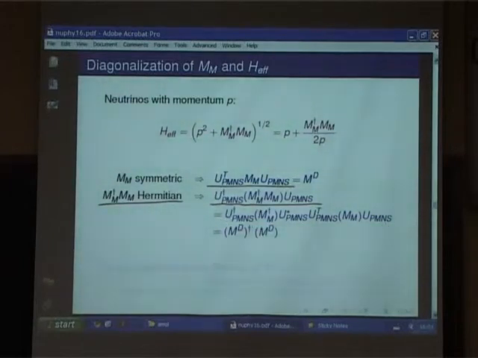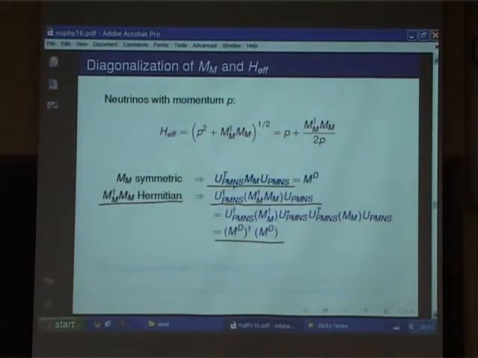Now look at this. U dagger MM dagger U star is the same as MD dagger, or MD star, just a star or transpose of this. The second part is just equal to MD. So this is just equal to MD dagger times MD. MD is diagonal, MD dagger is diagonal, so this is diagonal.